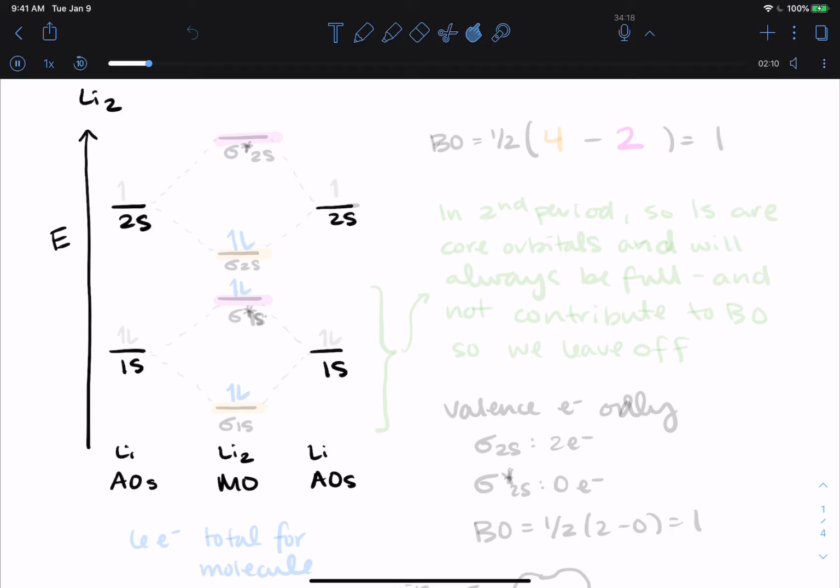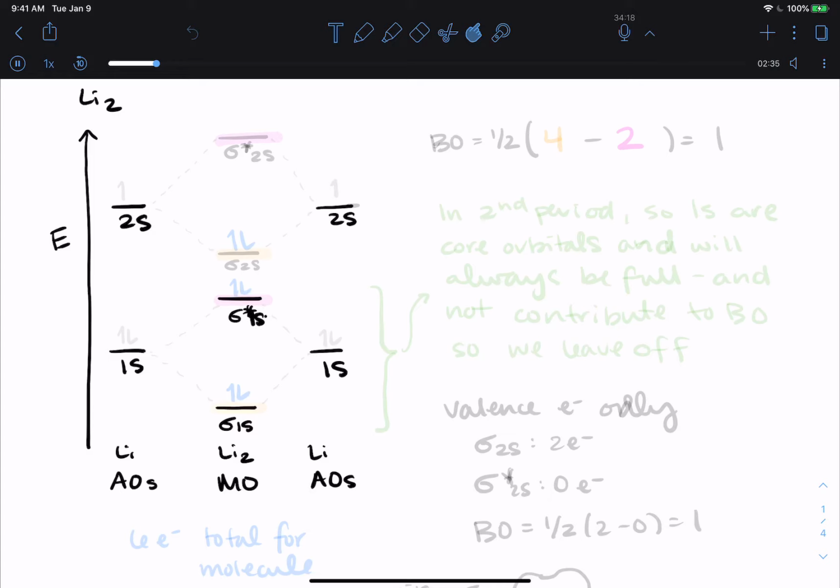Now, my 1s, it's going to behave exactly like we saw before. So the 1s is going to overlap and give me a sigma 1s and a sigma star 1s. They should be spaced evenly. I'm just going to do my best here.